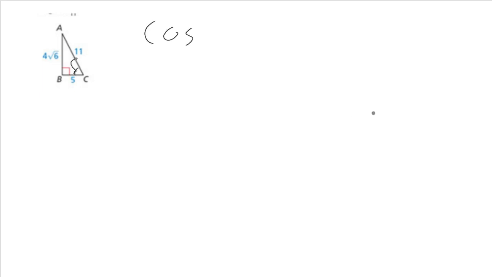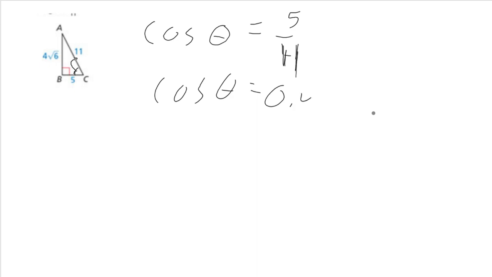So cosine of theta, the unknown angle, is adjacent over hypotenuse, so 5 over 11. So cosine of theta is equal to 5 divided by 11 is 0.45 repeating.